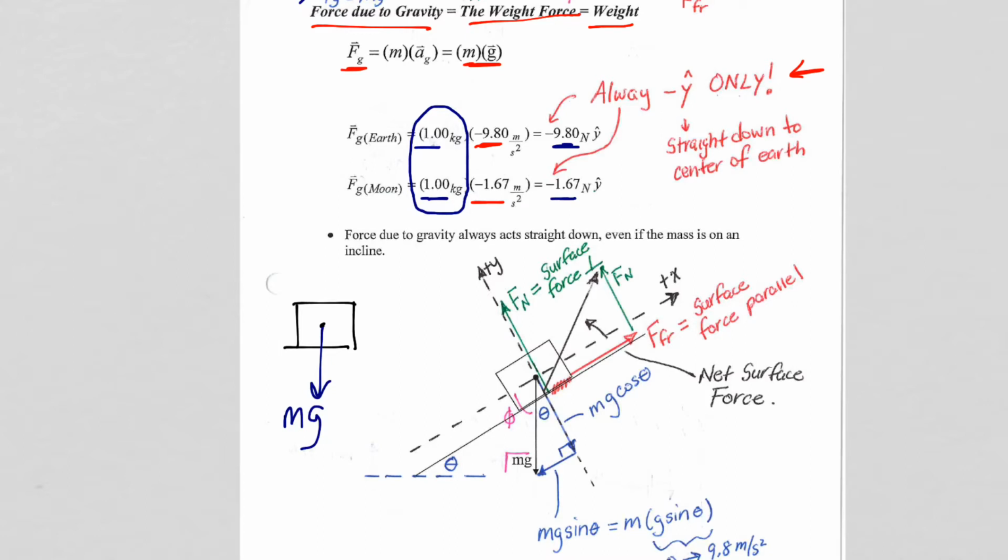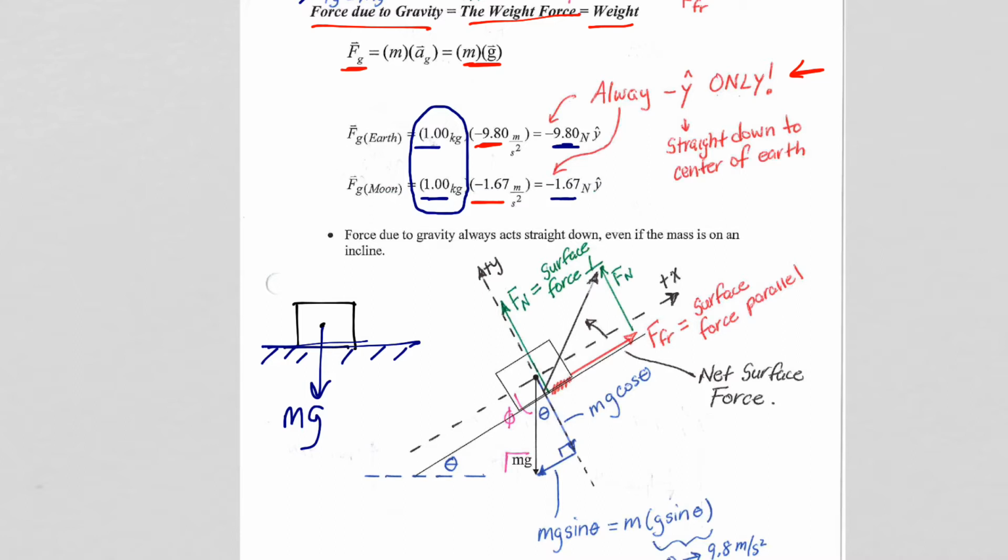So, if an object is near the surface of the Earth, you are always going to put mg straight down, regardless of what the object is doing, whether it's actually moving in free fall, or whether we put it on a table or a surface and allow it to just sit on the surface.